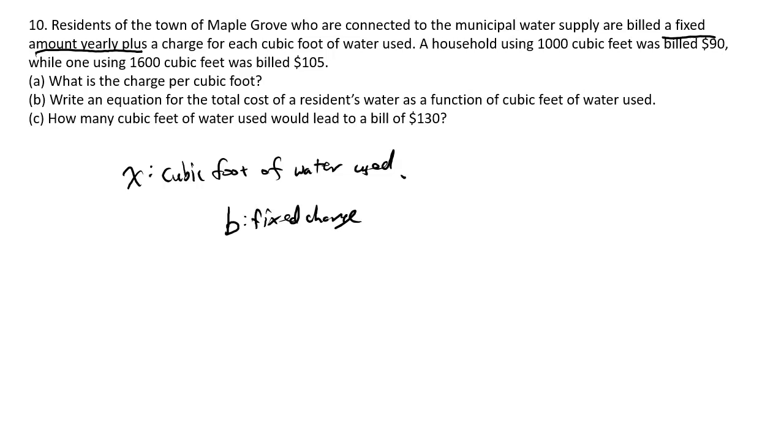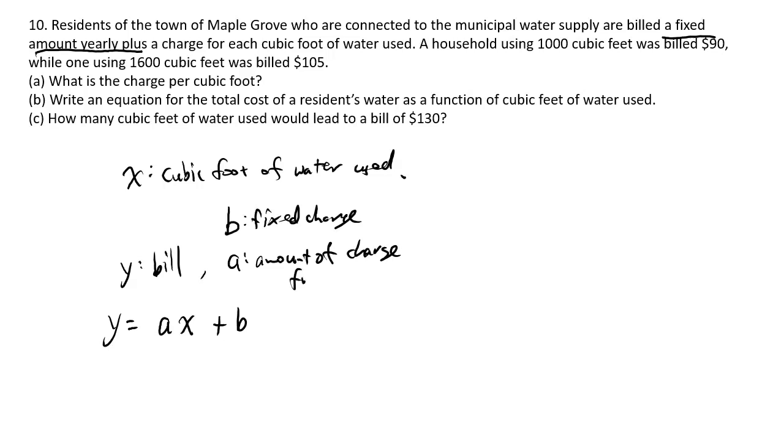And then the yearly bill, Y, would be the fixed charge plus X times some amount A per cubic foot. So A is the amount of charge per cubic foot. Okay, so that's the equation.